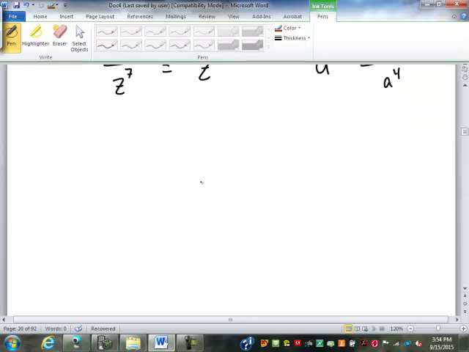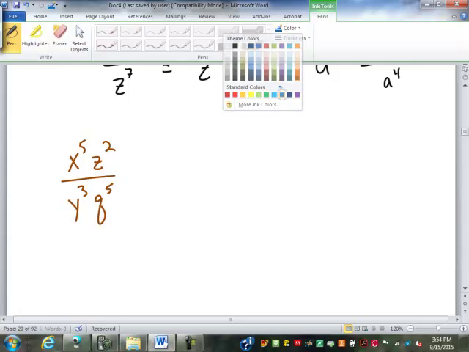So if I wanted to write this without any fractions, if I had x to the 5th z squared over y to the 3rd q to the 5th, I could write that without any fractions.